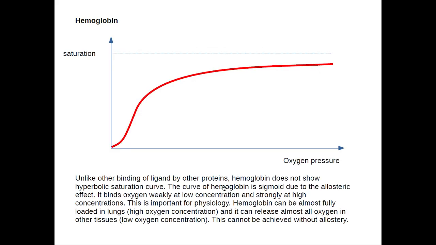So here is this very important shape of the curve. A normal binding protein has a hyperbolic shape, without this kind of sigmoid shape. I would say the best possible delivery of oxygen would be a kind of step function.